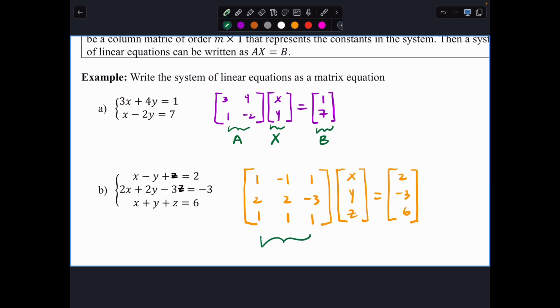Okay, so matrix A, matrix X, matrix B. So really, we're trying to solve for the elements that are in matrix X, right? But we're like, well, wait, how the heck do we do that?